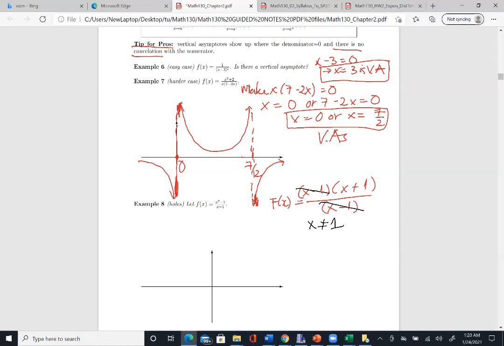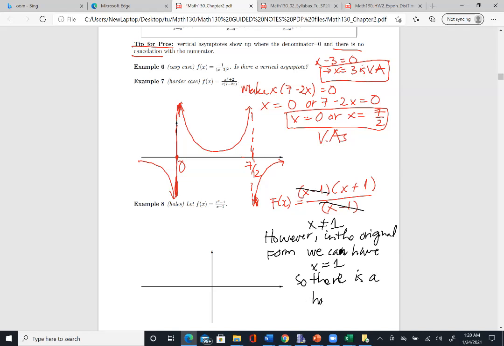However, in the original form, we cannot have x equal to 1, right? So there is a hole at x equal to 1.